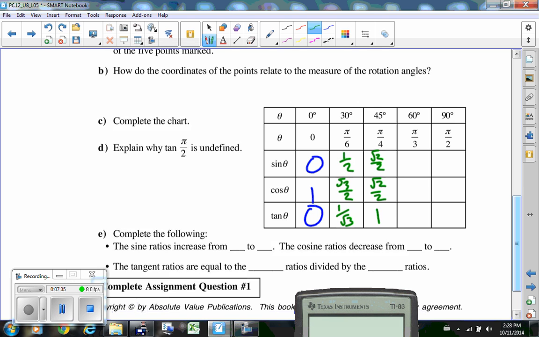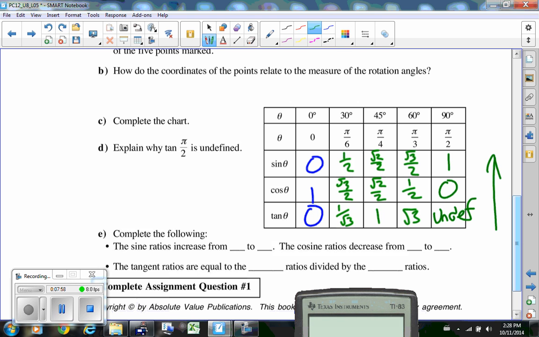Pi thirds, this is counting up, 1, 2, 3, and 3, 2, 1, and root 3, it's the steep one, and now we have 1, 0, and undefined.